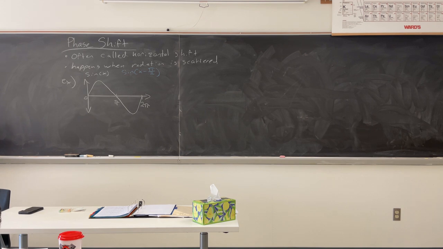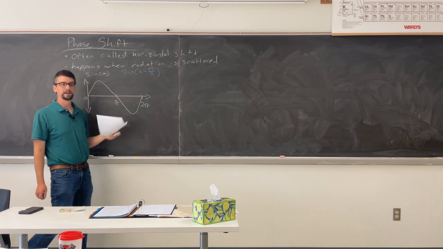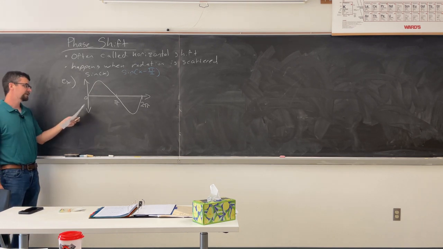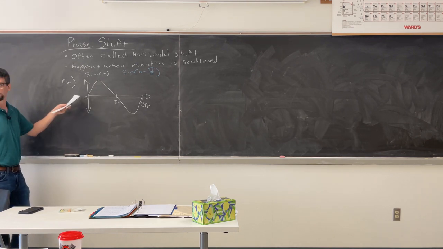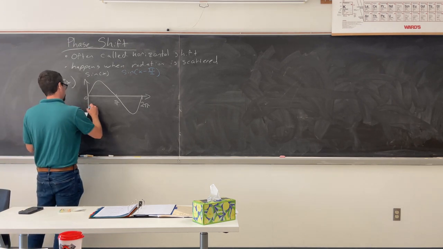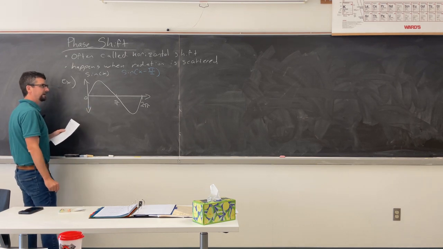Okay. Sine of x minus pi over 2 shifts everything by a factor of what? Yeah, pi over 2. So where would we start here? We're not going to start at 0. Then where is the maximum going to be?